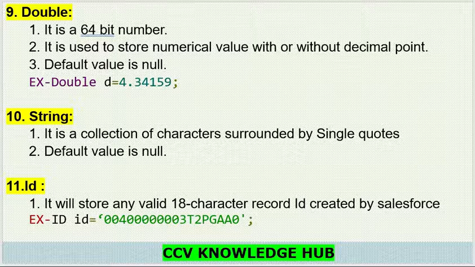It will store any valid 18-character record ID. If you take any record, 18 characters will be there in its ID. It's created by Salesforce by default. So this is also one of the primitive data types.